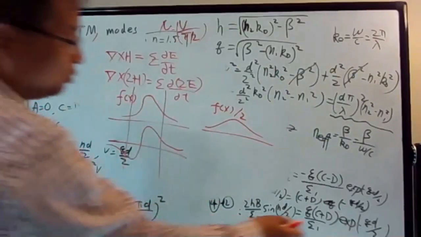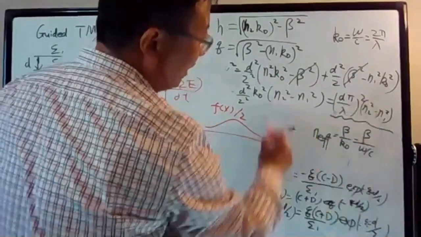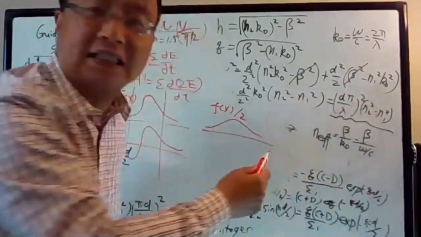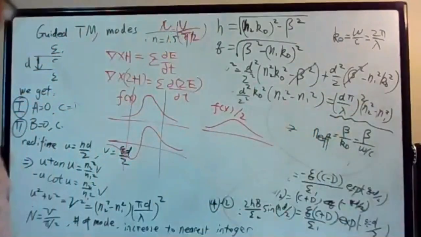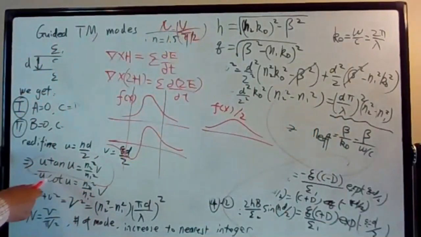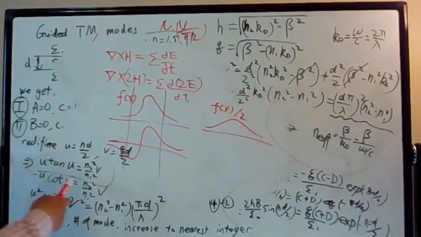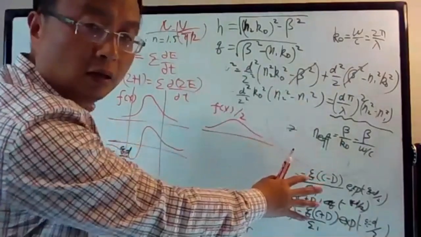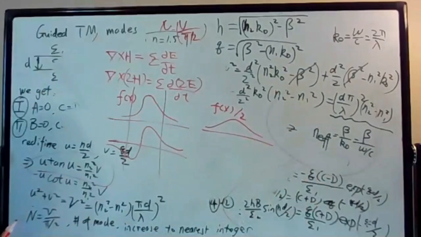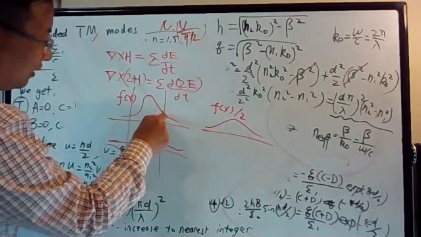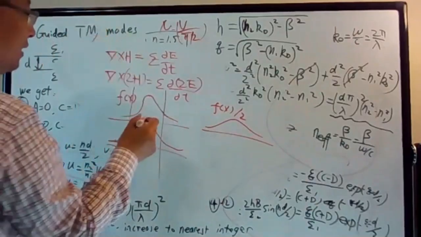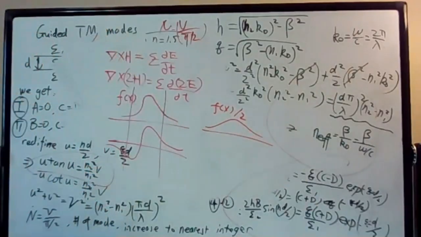Why? Because we wrote down all the equations, I mean, we all did it together. You write down this equation, and it comes from the boundary condition, so that the field is continuous and the derivative is also continuous.